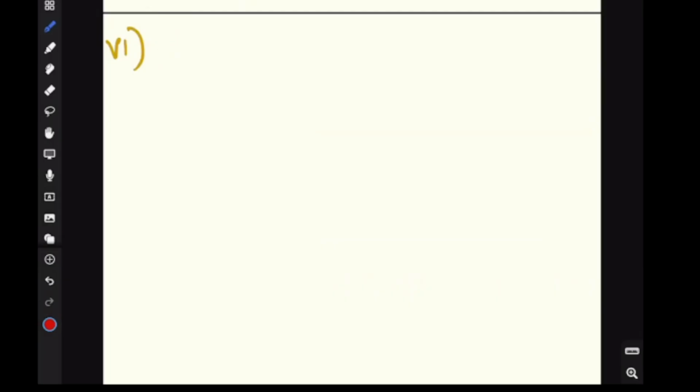Now what will I do for 6 cube? 6 cube means 6 into 6 into 6, which is equal to 216. Okay, so we'll write 216 cubes. 216 squares in a cube.